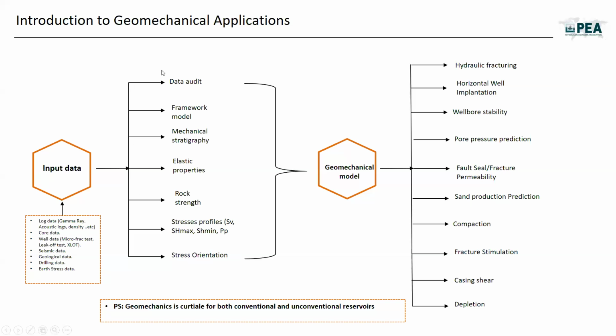This data should be used step by step to build the geomechanical model, as we have seen here, from data audit to determining the stress orientation. The geomechanical model is later used for hydraulic fracturing, sand production, compaction, and depletion, as we have mentioned before.